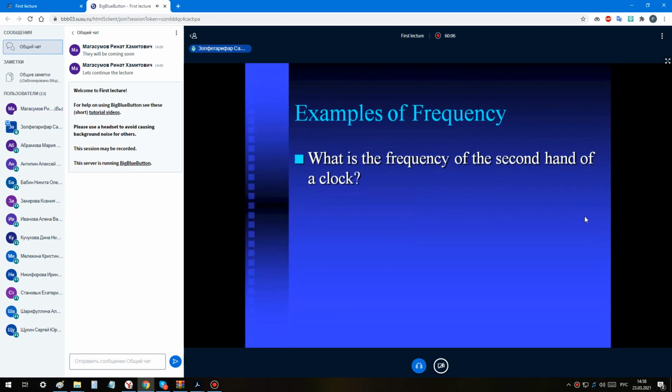Example for frequency: what is the frequency of the second hand of a clock? It is 1 cycle per 60 seconds, and the period is 60 seconds. Another question: what is the frequency of US presidential elections?